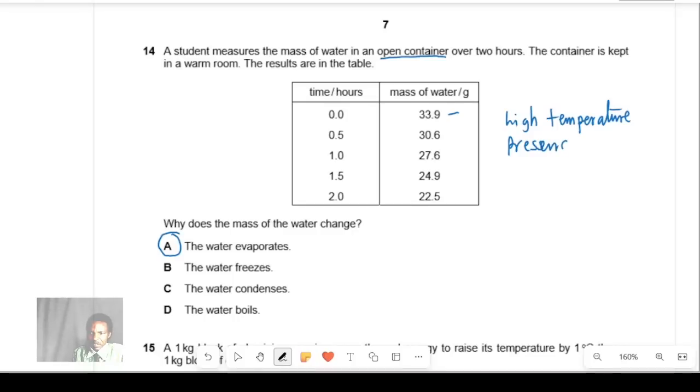If wind is blowing, then surface exposure, because in this case they told you it is an open container. If you look at all these major factors here, those are the things that contribute to the increase in the rate of evaporation.